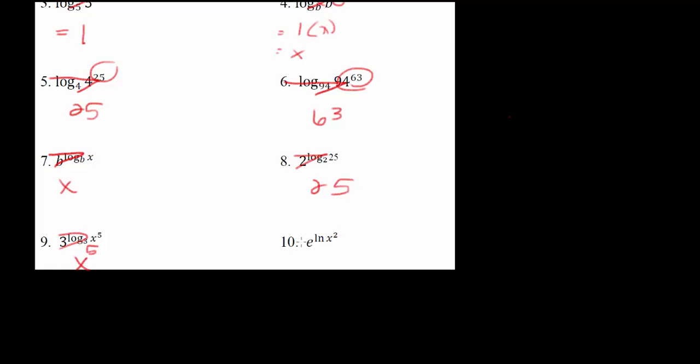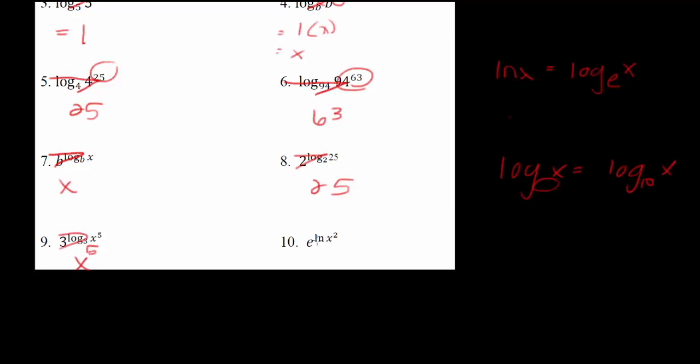In number 10, I want to give you some background information. Just like if I have the log of x, that's equal to the log of x base 10. Whenever you see a logarithm and you don't see the base, you assume that it's 10. Well, we know that the natural log of x is equal to the log of x base e.